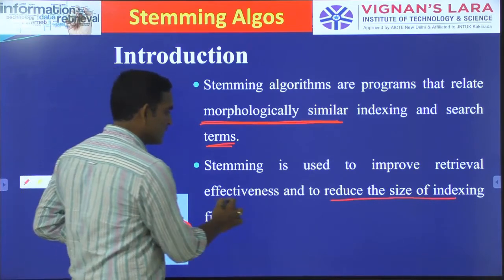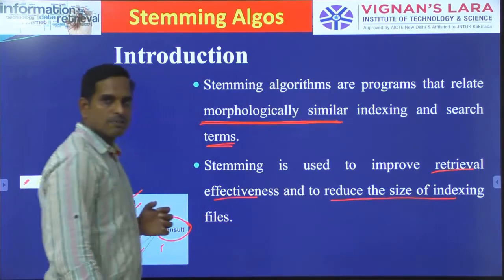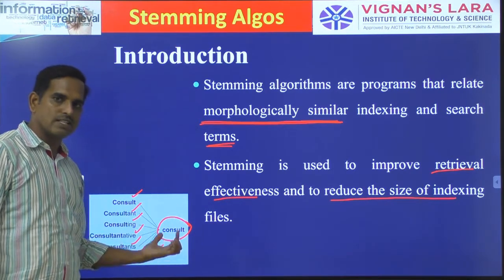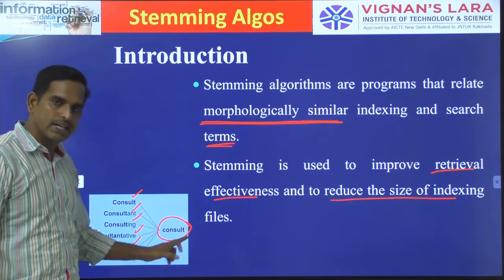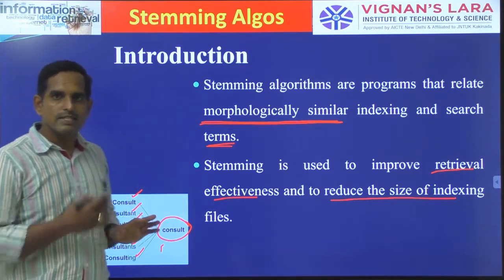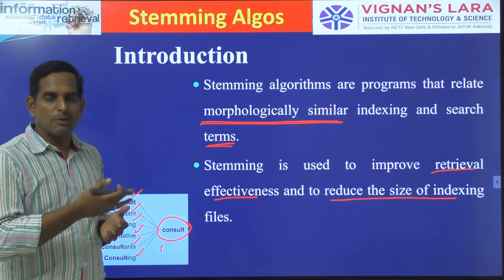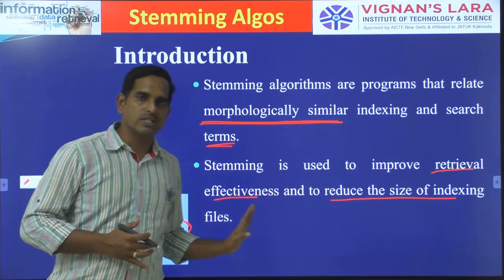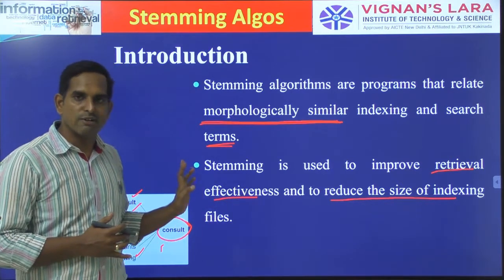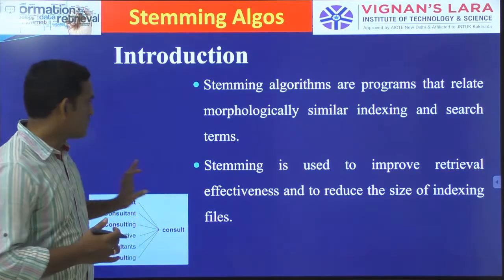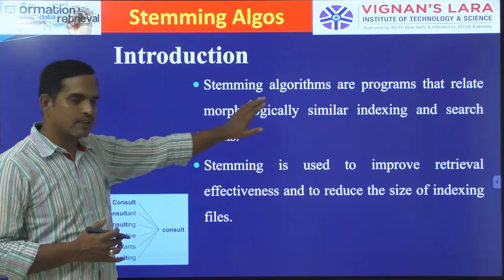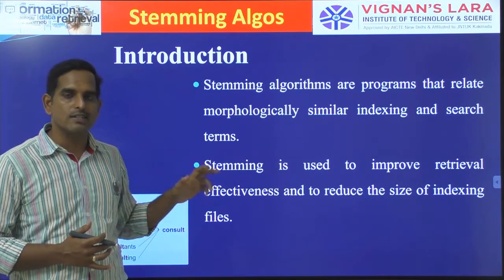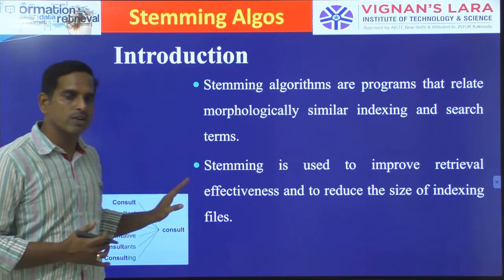Apart from that, you get retrieval effectiveness: instead of searching for many words, you can search for a single word, and I get the results of all the stem-related words. So stemming algorithms create the stem, reduce the size of your index, and improve your retrieval effectiveness.